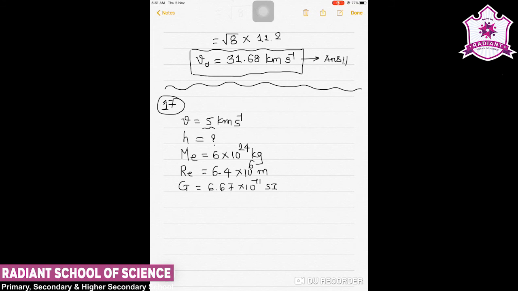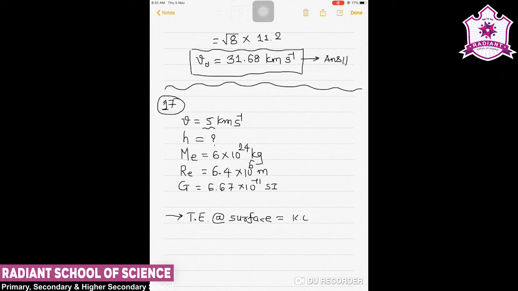Now from the knowledge we have already obtained, the total energy always remains constant. So the total energy of the rocket at the surface of earth is equal to kinetic energy plus potential energy.